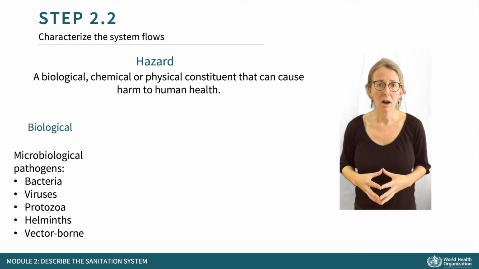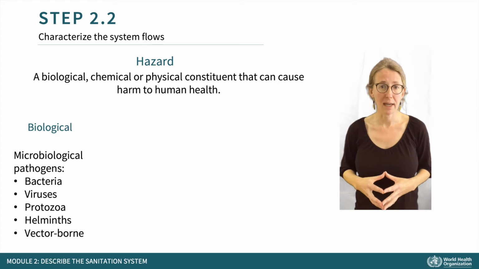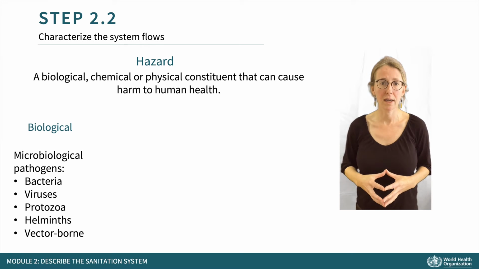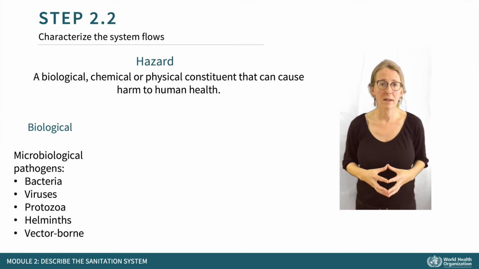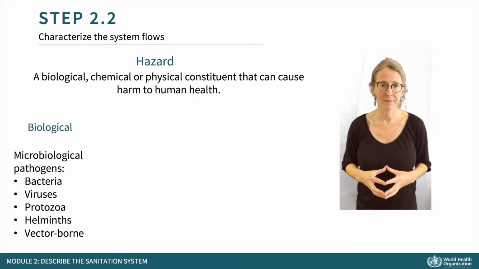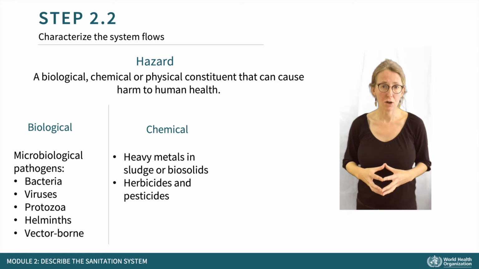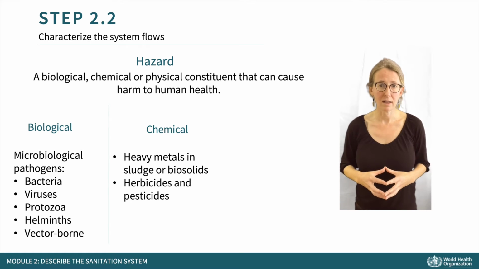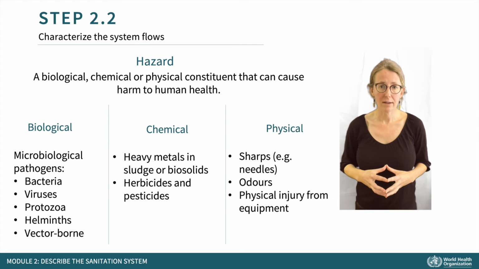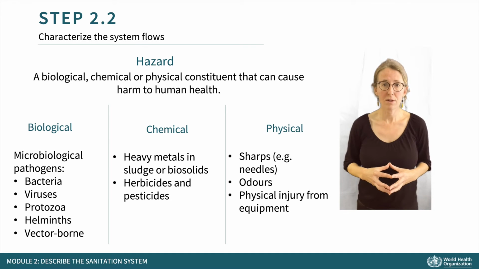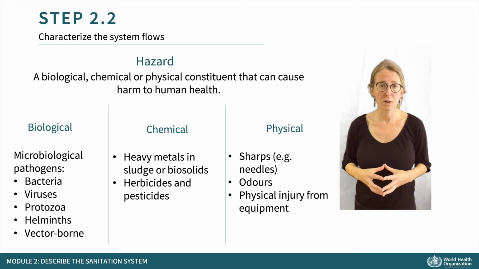Biological hazards are microbial pathogens such as bacteria, parasitic protozoa, viruses, helminths, or vector-borne pathogens. Chemical hazards may be heavy metals in sludge or biosolids from industrial sources, herbicides, and pesticides. Physical hazards are sharps like needles, odors, or physical injury to workers like falling.